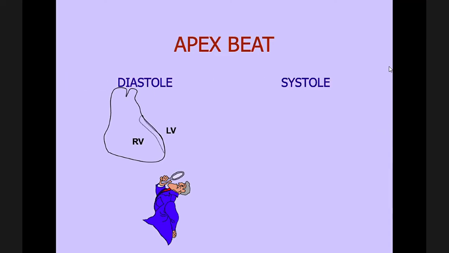so during diastole, your apex beat is located at the partially rotated here. So this is where your left ventricle is, and it is mostly the right ventricle on the anterior portion of your chest, di ba?